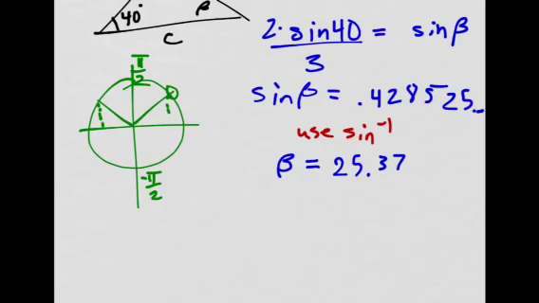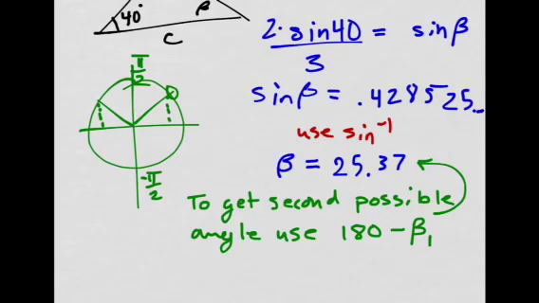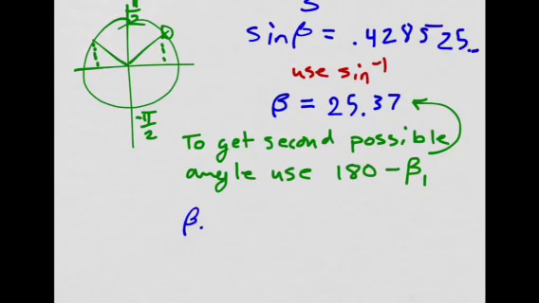Well, you do 180 degrees, and you subtract this angle, and that angle is the same as that. So you would subtract 25.37. That means beta 2 is possibly 154.63 degrees.